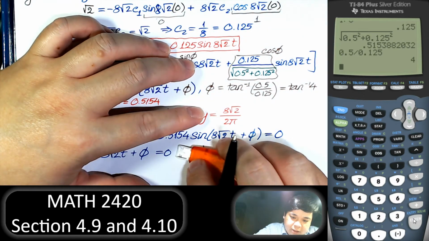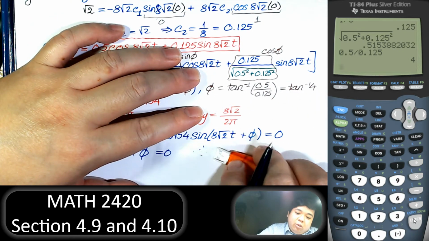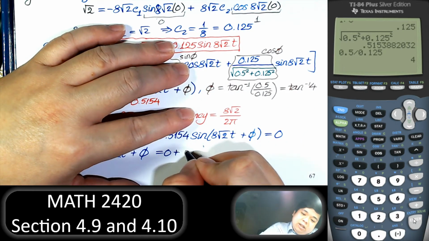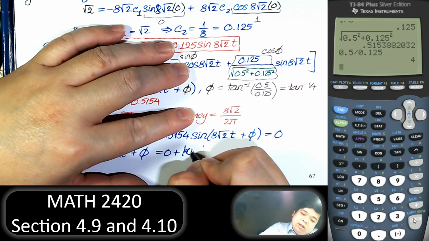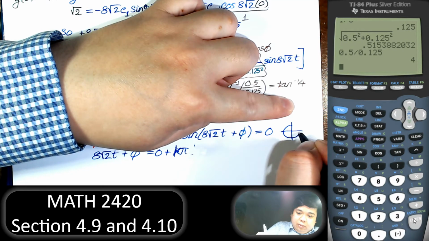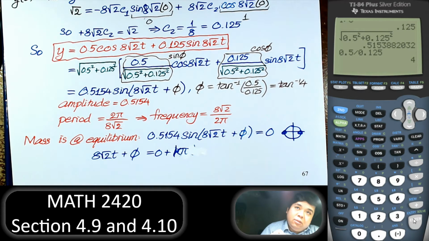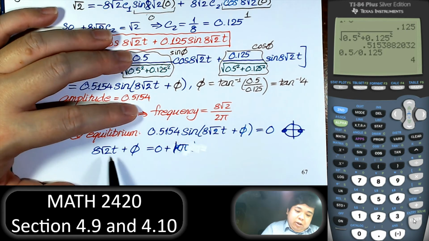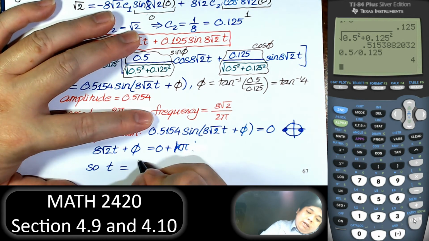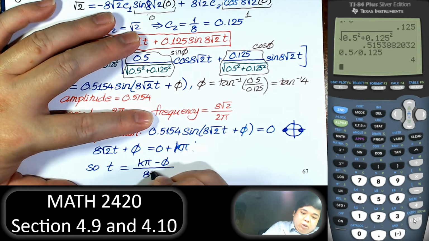But the problem is when it equals 0, it's not only that, because in the unit circle we can say plus k pi, because sine equals 0 at these 2 points, right? So we just solve for t. So t equal to k pi minus phi over 8 square root of 2.